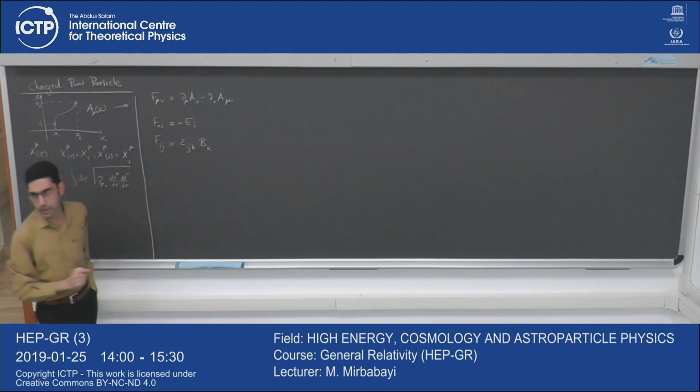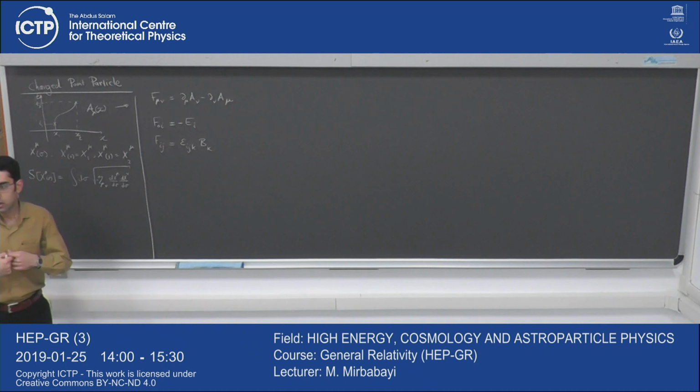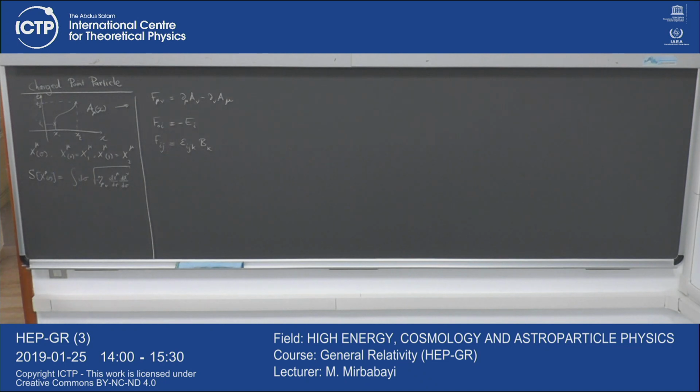And B is the magnetic field. So we have this relation, and that A mu field is just the collection of the electrostatic potential and the vector potential that, when we are younger, we sometimes study as two separate things.